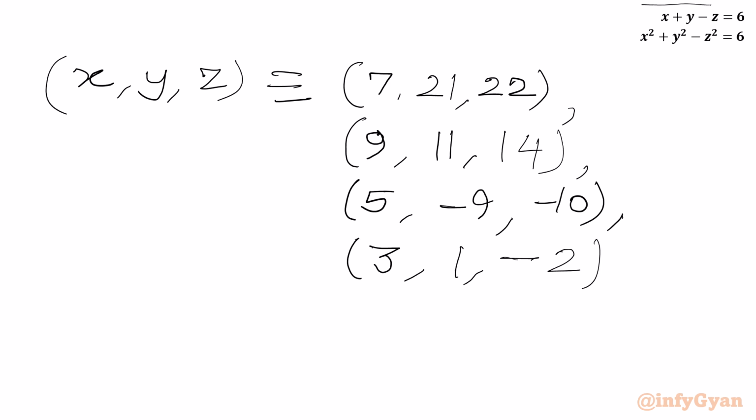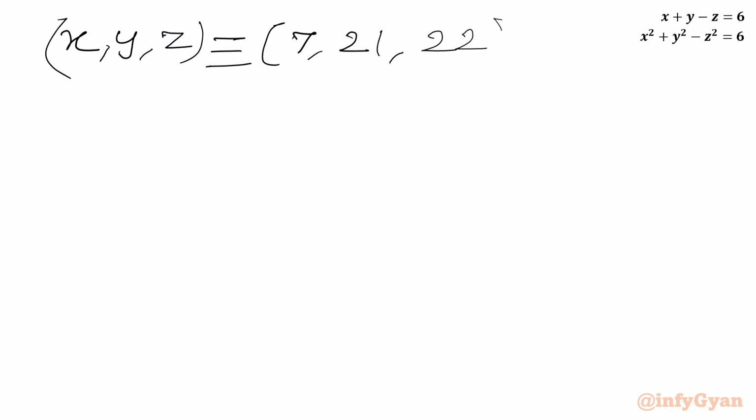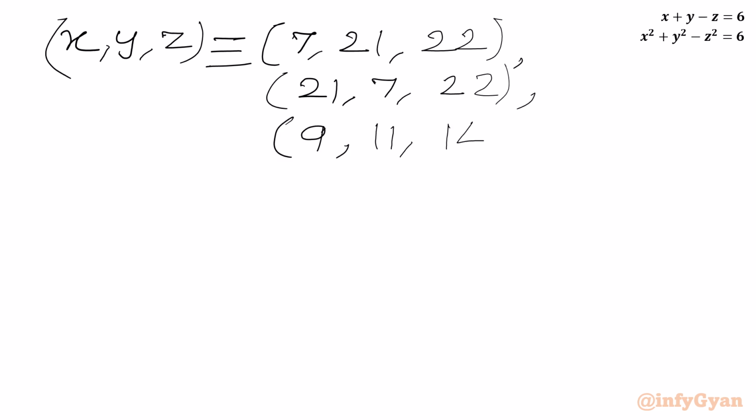Now you can see our equations are symmetrical in x and y. So we can write the other 4 solutions after swapping these two x and y values. So if I will write our final answer x, y, z, then this will become 7, 21, 22. Swapping of x and y, we will get 21, 7, and 22. Then second set was 9, 11, 14.